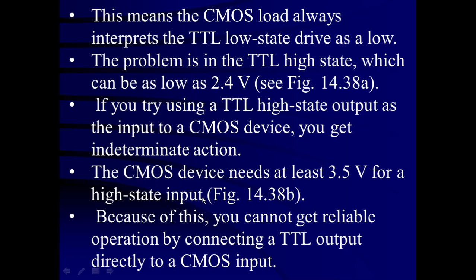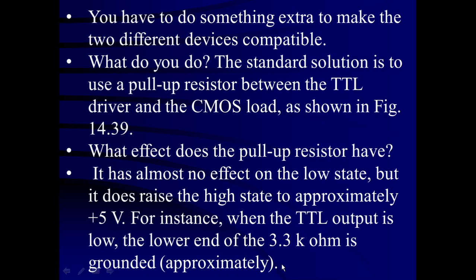So the minimum voltage of the CMOS input in the high state required is 3.5 volt and above. But if the TTL output is 2.4 volt to 3.5 volt, then it is an indeterminate state.